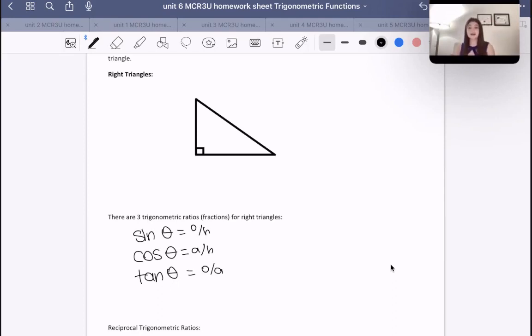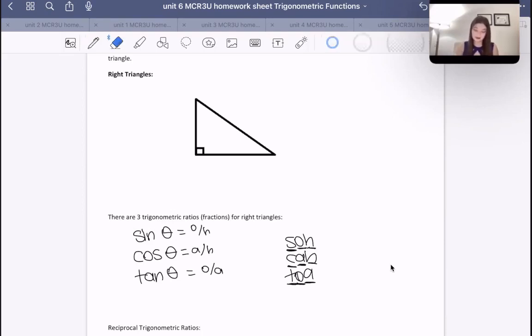Some people like to use a mnemonic device that goes SOH CAH TOA, right? In order to remember that: S for sine is equal to opposite, so O over H. Cosine, so C, is equal to adjacent over hypotenuse. And TOA, tangent, is equal to opposite over adjacent.